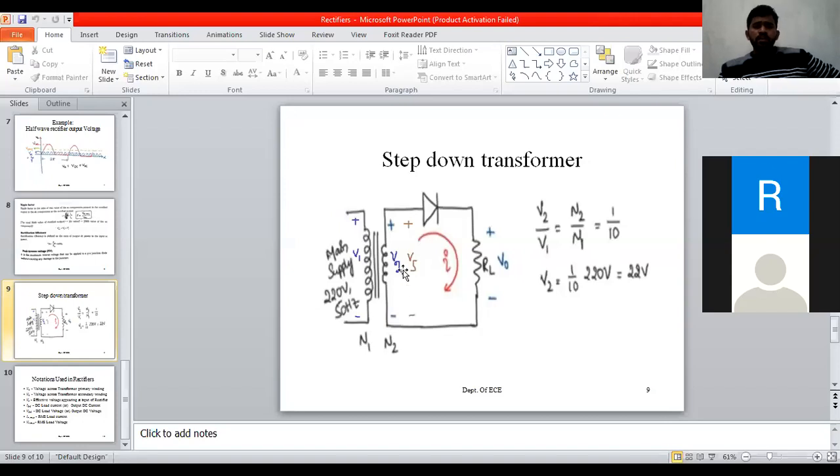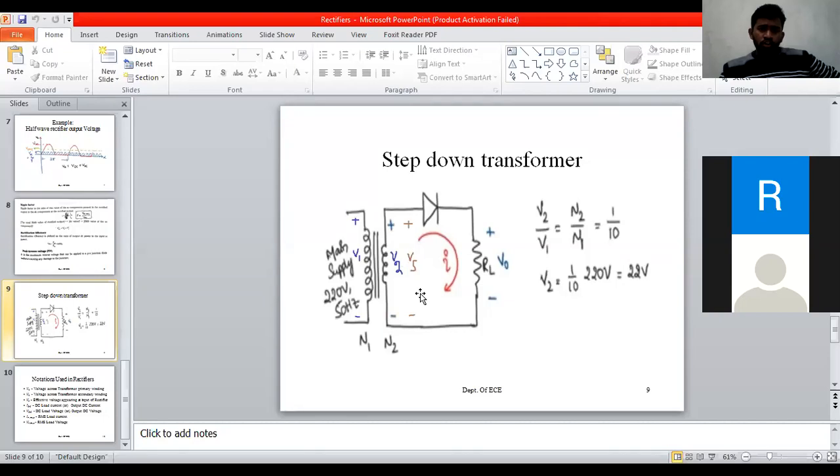But you see, I have also used the VS notation here. As we are discussing three different types of rectifiers, VS talks about effectively how much voltage is appearing across the input of the rectifier.